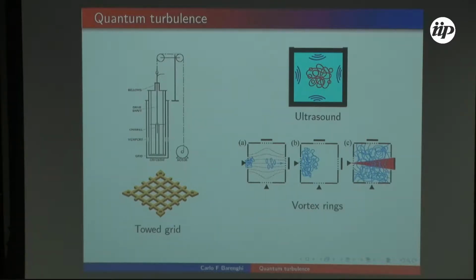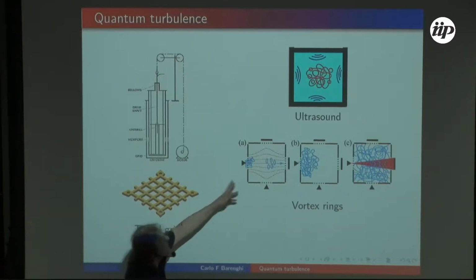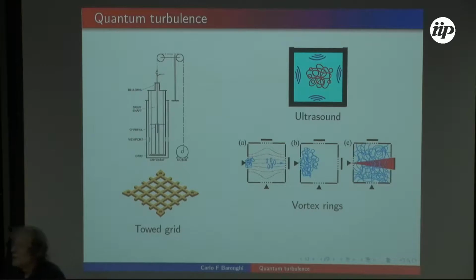A neat way to create turbulence is to inject vortex rings, which you can do by essentially applying very high voltage to liquid helium. That will produce an electron which carves a zero-point motion bubble, which you can move about in vortex rings.